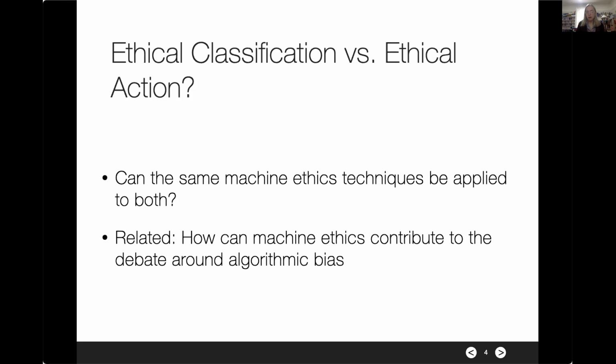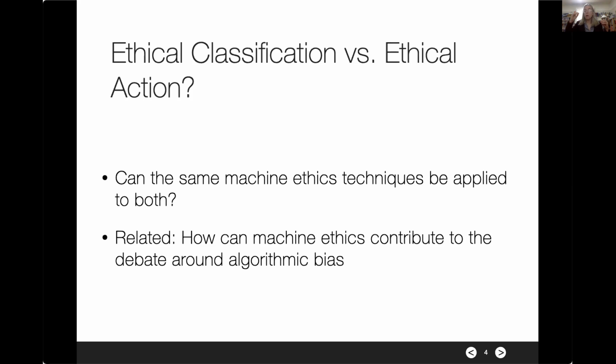Something I think is quite interesting is that in the field of AI and ethics as a whole, obviously algorithmic bias is a massive topic, but machine ethics as a subfield, or the kind of machine ethics we've been talking about, seems to have had very little to say about that. And so I think that's interesting. I'm not quite sure what the question is here, beyond, surely these two subfields should be talking to each other more, and there should be more cross-fertilization between both the problem of algorithmic bias and what machine ethics techniques might be able to bring to the table there.